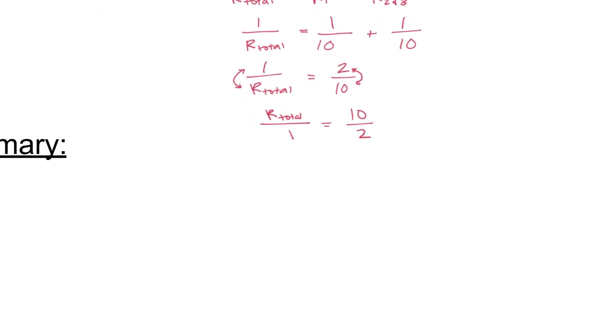Now our total, or R divided by 1, is just the total resistance. 10 divided by 2 is equal to 5. So our total resistance for this parallel circuit is going to be equal to 5 ohms.